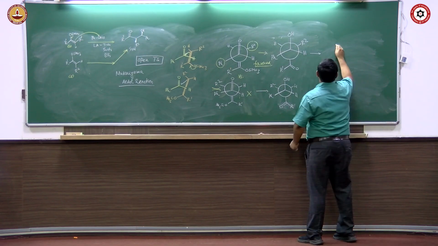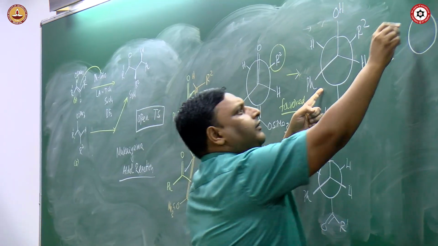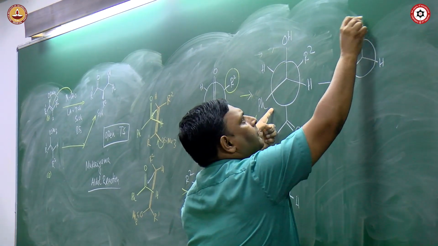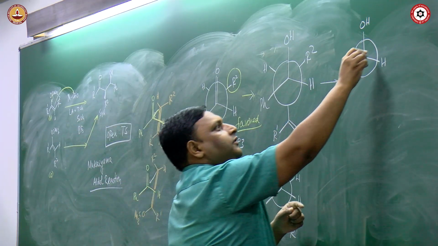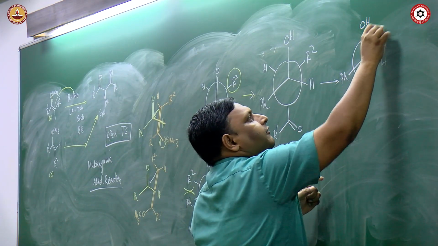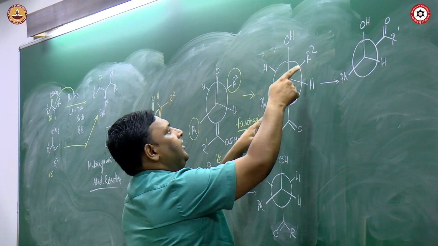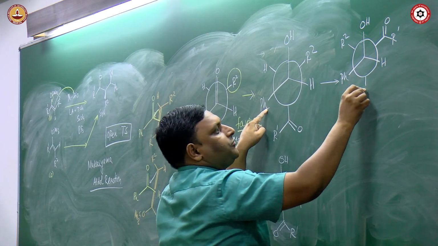So I keep the phenyl, hydrogen, OH, and now I am rotating the back carbon, bringing this one to here, CO R prime, R2 goes here and H comes down.